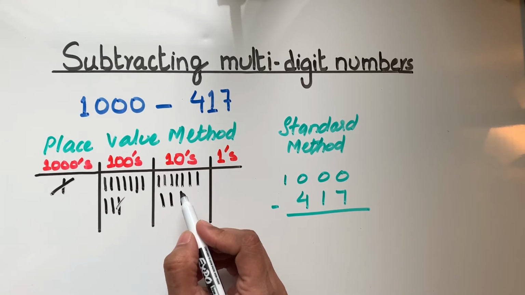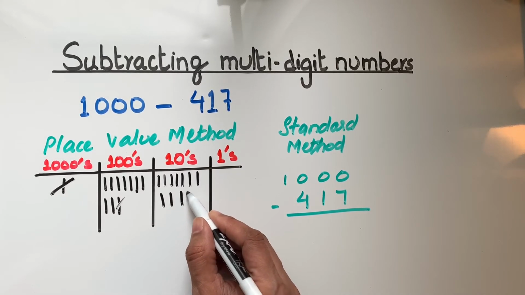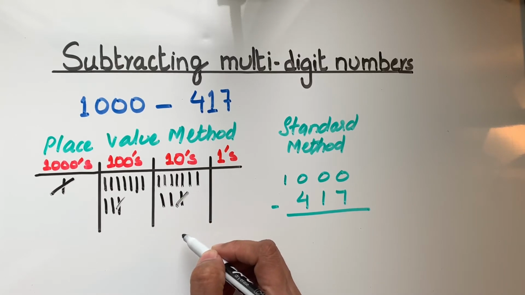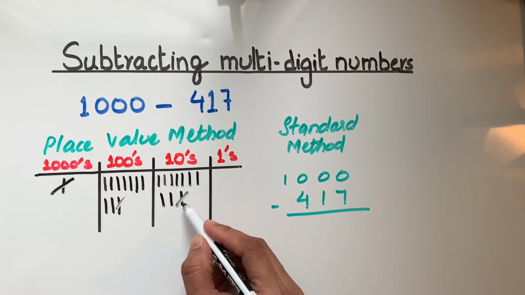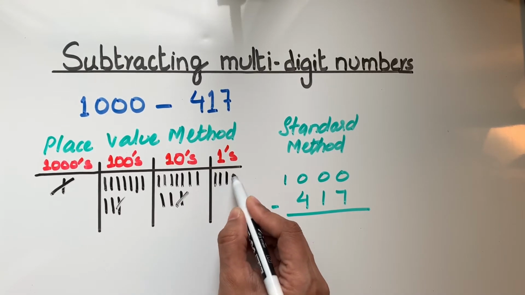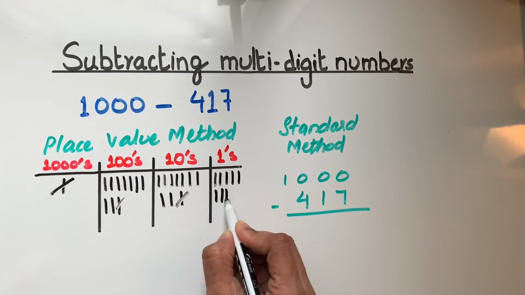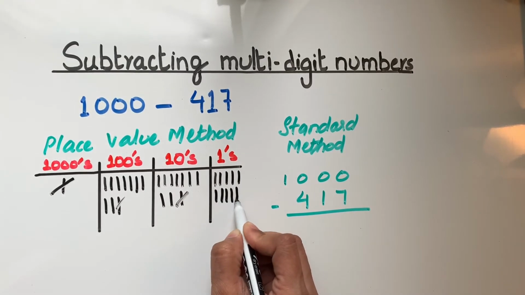And we say that 1 ten, I'm going to take 1 ten and give it to ones. 1 ten equals 10 ones. 1, 2, 3, 4, 5, 6, 7, 8, 9, 10.